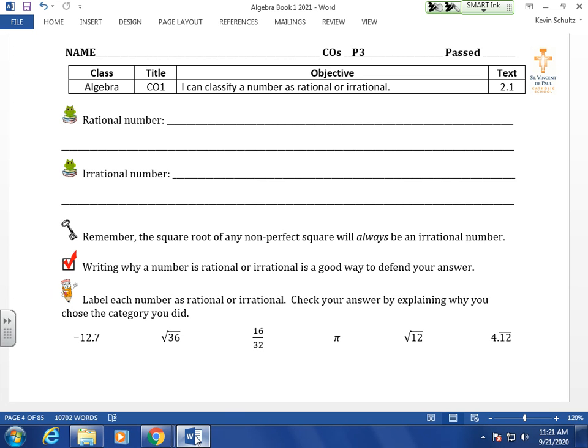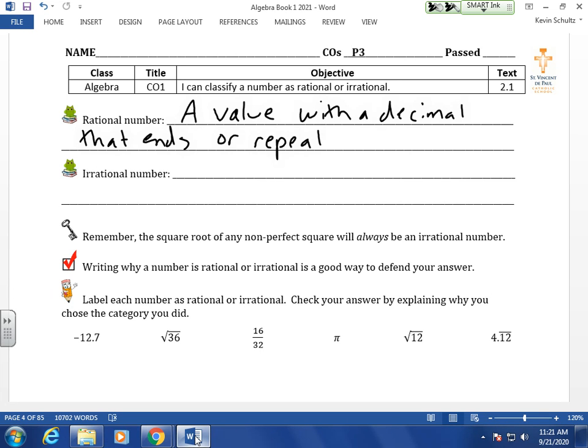Yeah, good. So a rational number is a value with a decimal that ends, that's that defined end piece, or repeats. A value with a decimal that ends or repeats.